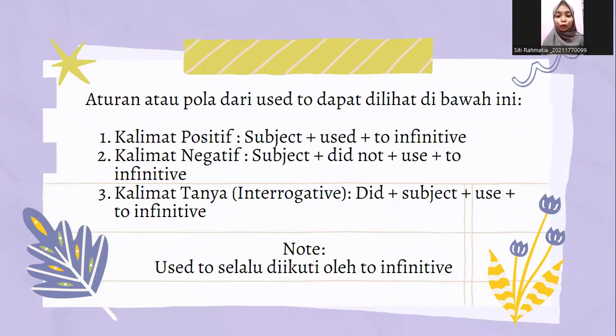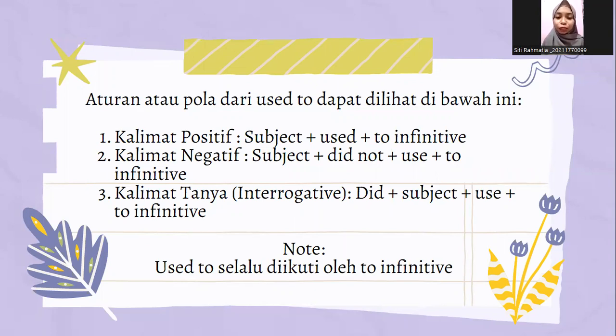There are a few rules for used to when we use it in sentences. The first one, for positive sentences, we have subject plus used plus to infinitive. So if you want to make a sentence, you can use these rules. The second one is negative sentences.